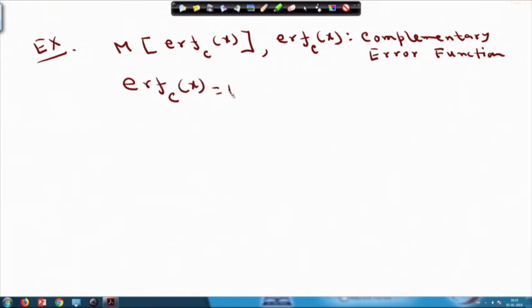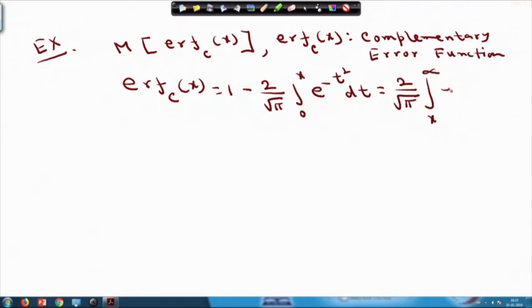This is equal to 1 minus error function of x, 2 by root pi integral 0 to x e power minus t square dt. This equals, directly also you can write, 2 by root pi integral x to infinity e power minus t square dt.